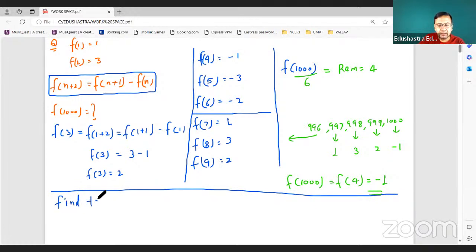Find the sum of first 2007 terms. Find the sum of first 2007 terms.